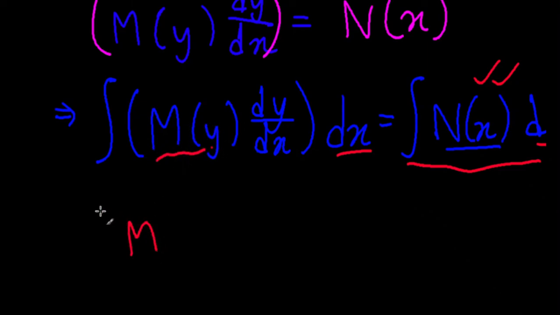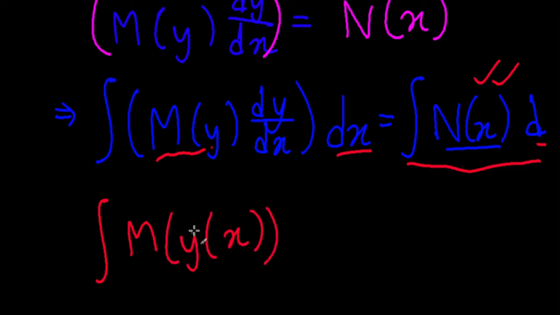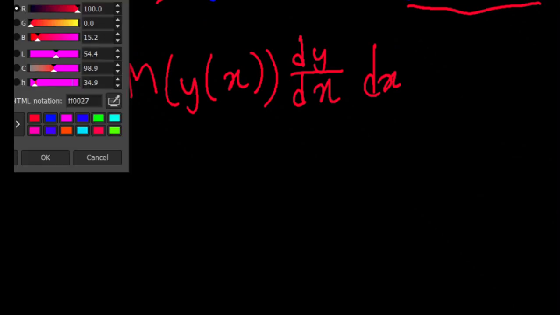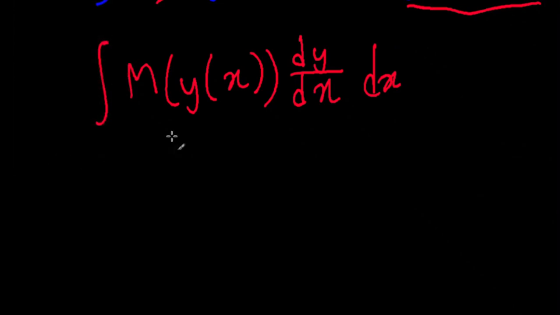Actually, it's better to write it as the integral of m of y, but y is some function of x, and this is multiplied by the derivative of y, which is just lying outside. Then you have dx, and you should be able to recognize this pattern, whether by u-substitution or by the reverse chain rule.